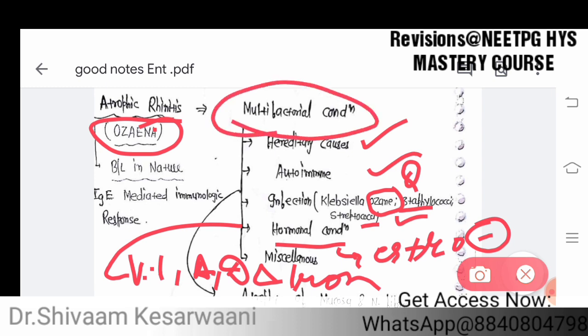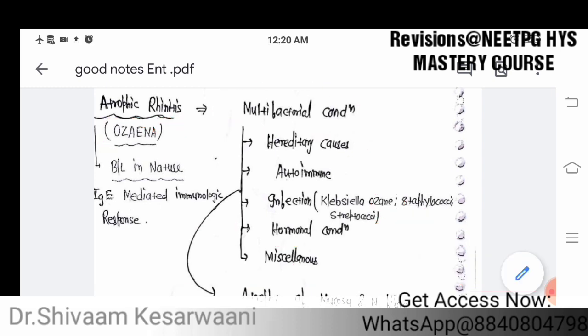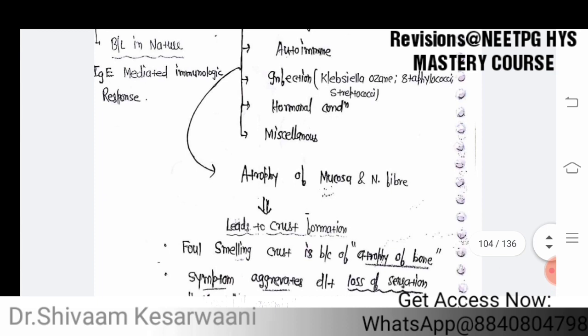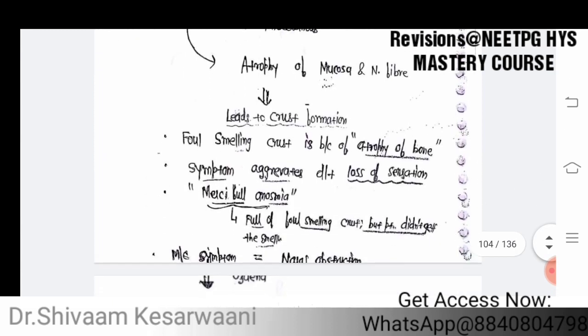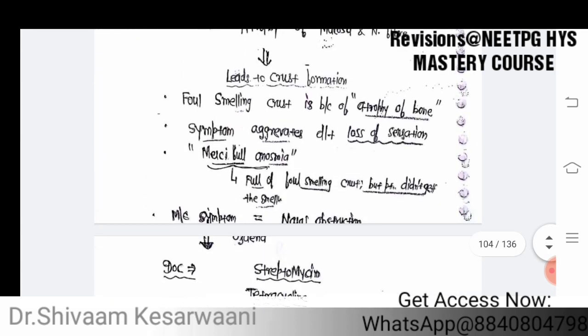So it is a multifactorial condition resulting in atrophy of nasal mucosa, its nerve fibers, and vascular structures. And what happens? Everything in the nose atrophies, and this leads to a condition called roomy nasal cavity.